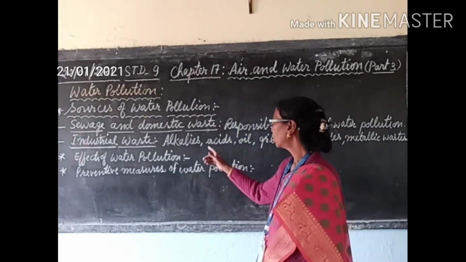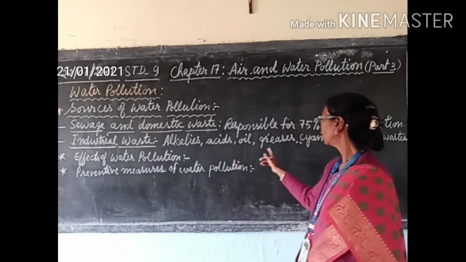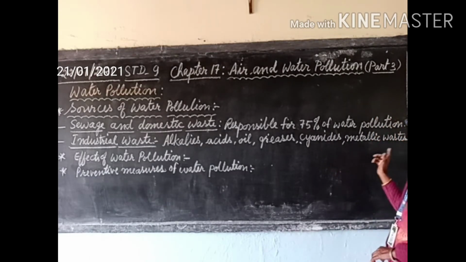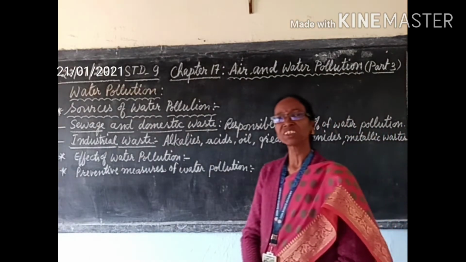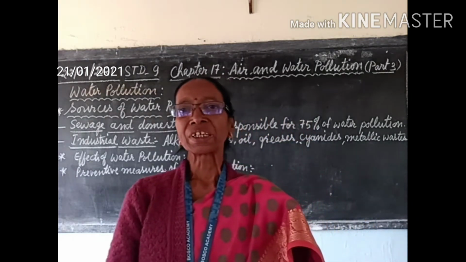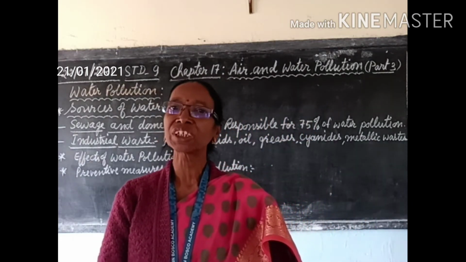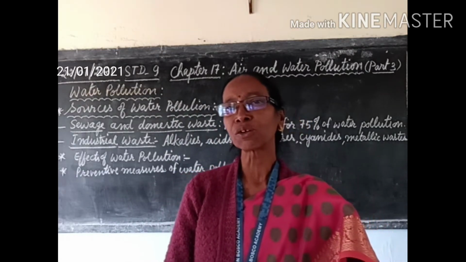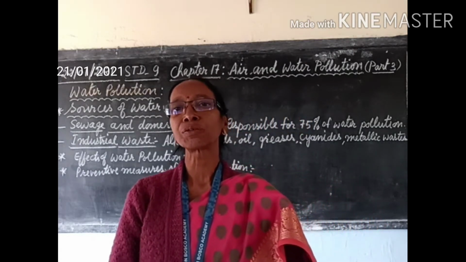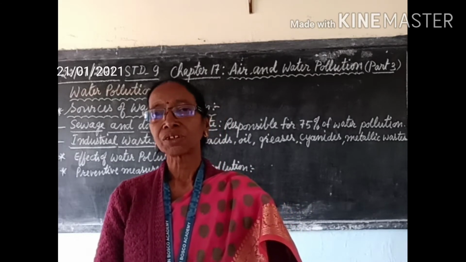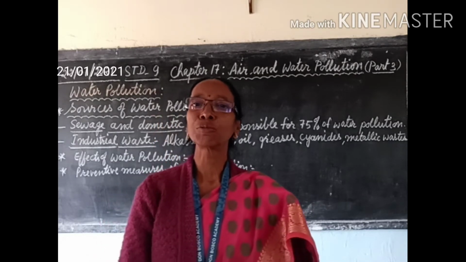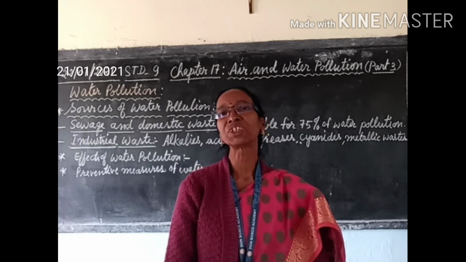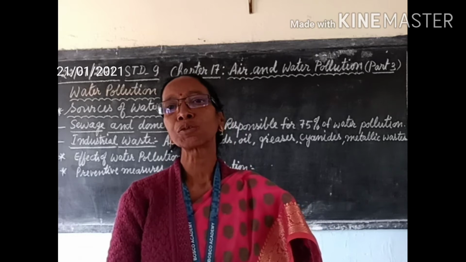A lot of alkalis, acids, oil, greases, cyanides and metallic waste coming from the industrial area are increasing pollution in the water, and these are the main causes for the deaths of aquatic life, or also they are the main reasons for varieties of diseases which we can get using this polluted water.